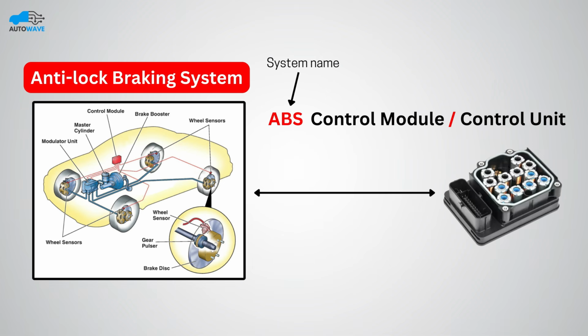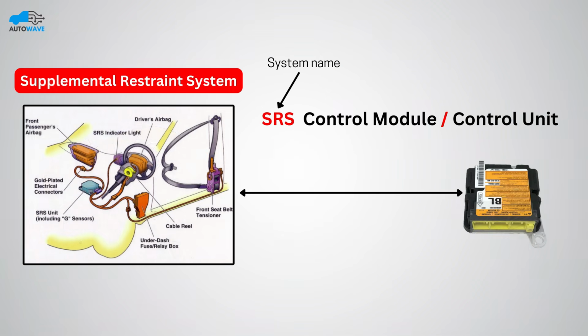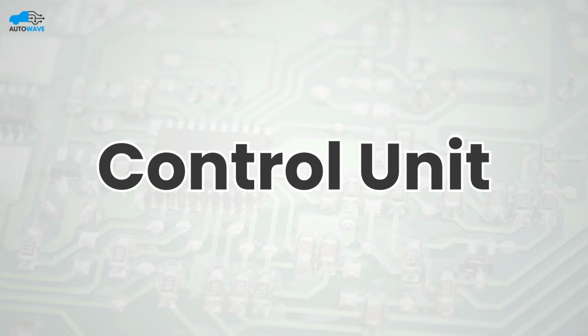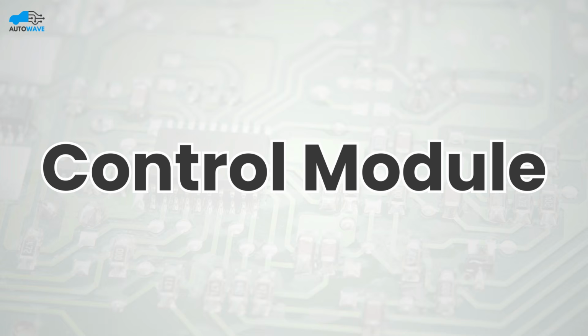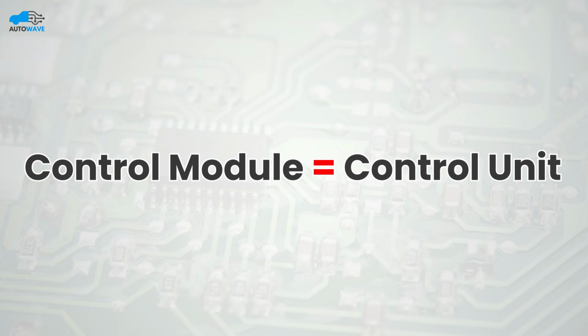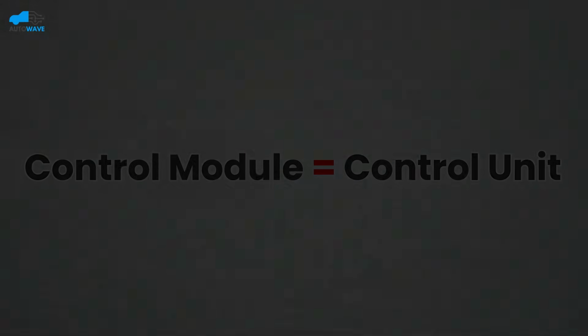The computer that controls this whole system is called the ABS control module or ABS control unit. SRS is also one system. The computer that controls this system is called the SRS control module or SRS control unit. Some manufacturers say control unit and some say control module. Actually, both are two names for the same thing.